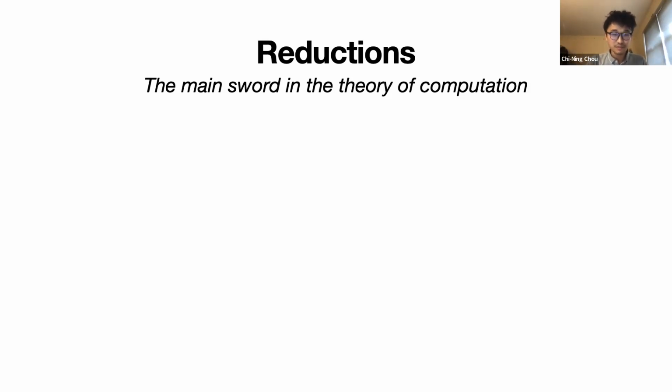We have P versus NP, and we want to attack them. We want to understand their relations. But what kind of tool can we use? It turns out that reduction is the main sword in the theory of computation for people to study complexity classes, their relations, or beyond.